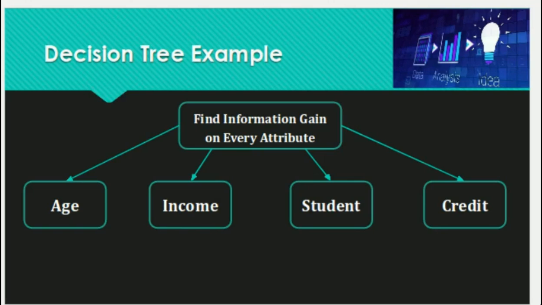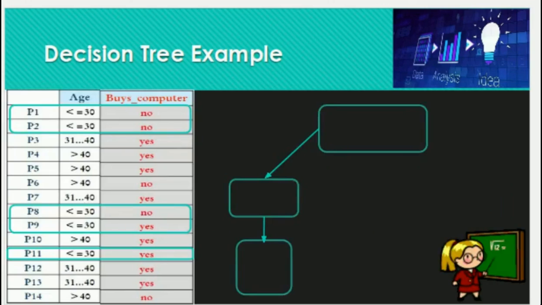So how much information does a feature give us about the class? You are now well aware that entropy is the impurity in an arbitrary collection of examples. We will now calculate the information gain for every attribute.